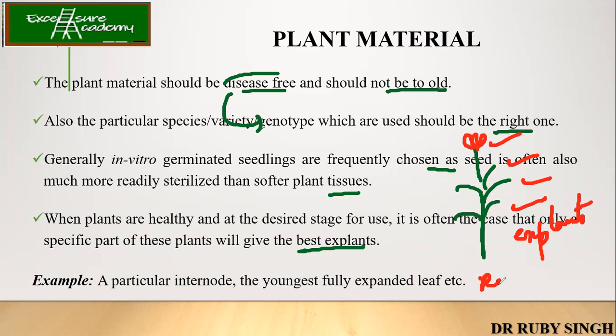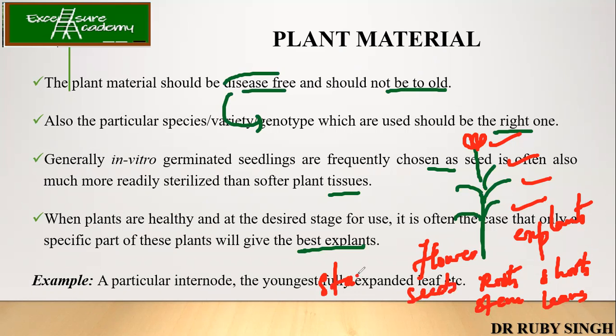You can take the roots, stem, shoots, leaves, flowers, seeds, stamens. You can take any part and carry out plant tissue culture. But among all these, which one will be the best will be determined only after carrying out these experiments. So basically we go with the meristematic tissues, and mainly the young part of the leaves, or particularly the internode.